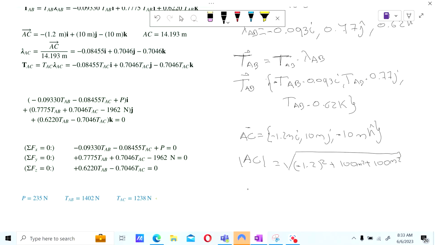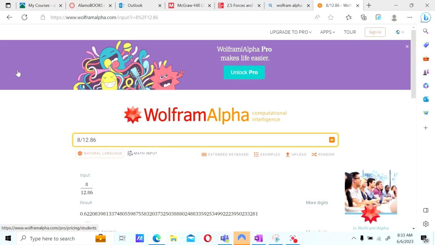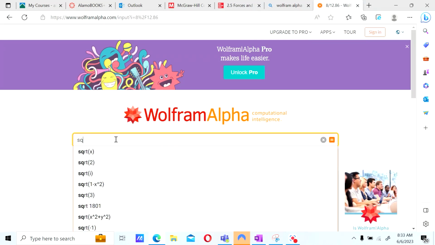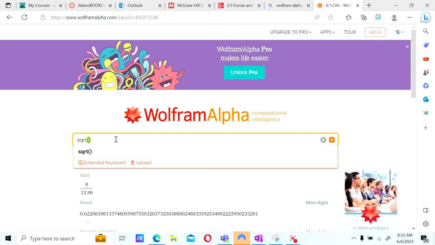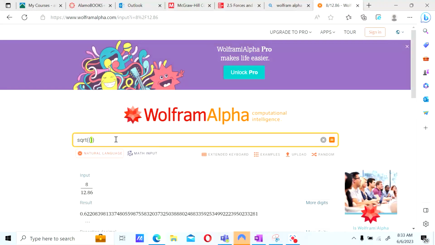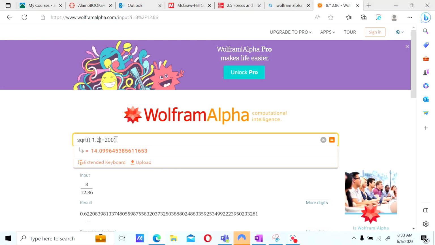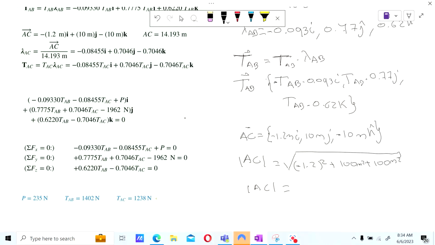Okay, so the magnitude of AC is equal to the square root of negative 1.2 squared plus 100 plus 100, which is 14.19.